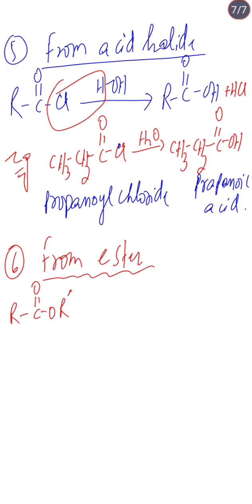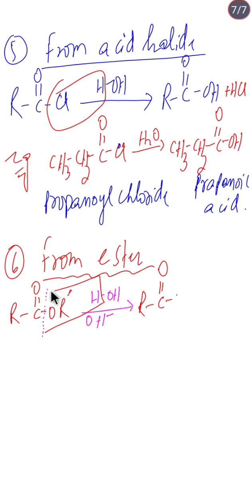And if it is reacted with water, and basic hydrolysis is done with OH minus ion, then we will get a carboxylate ion along with alcohol. This bond is broken, so we obtain RC double bond O, and this OH will be attached here.